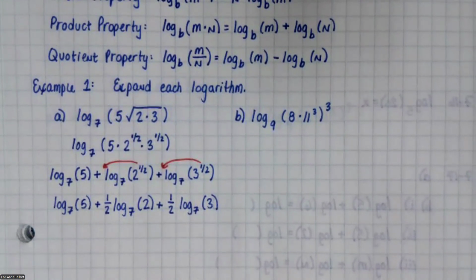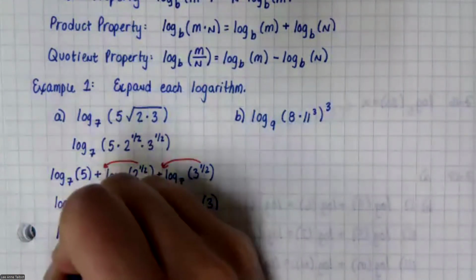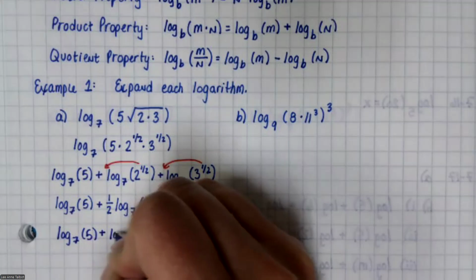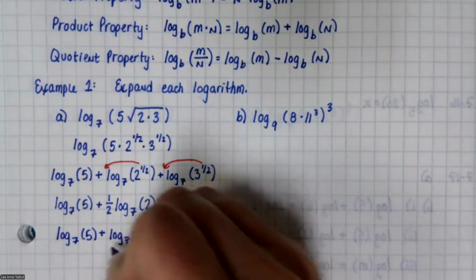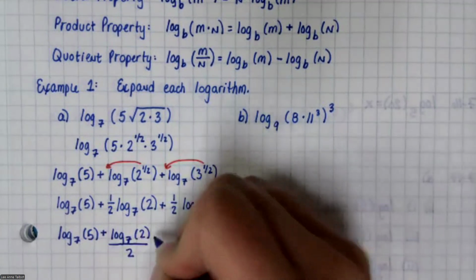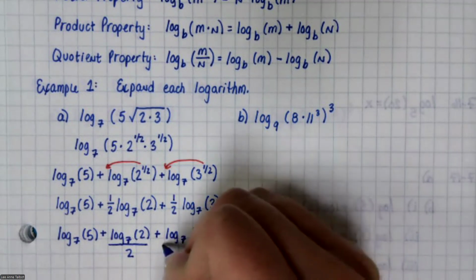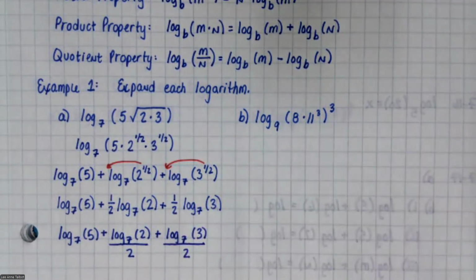And then for the final answer, there's actually one step further. Instead of having the half in front, you make it divided by 2. Let me walk through what we just did real quick.